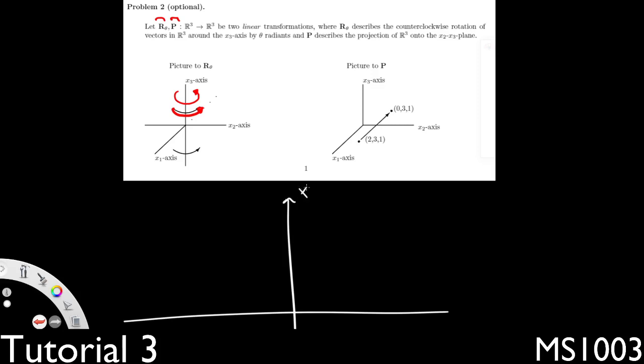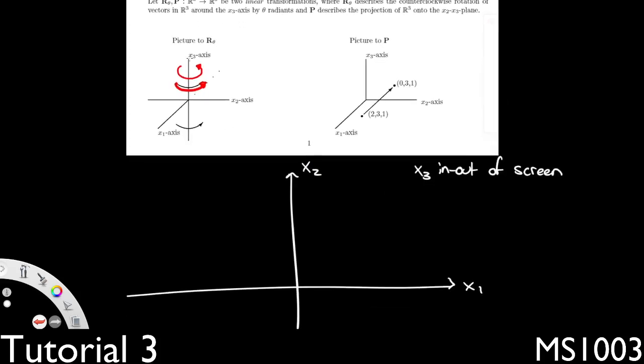So in my diagram, what I want to do is just plot x1 and x2. And you can imagine x3 being in and out of the page, or out of your screen. So imagine you're on top of, let's say, this pole here.